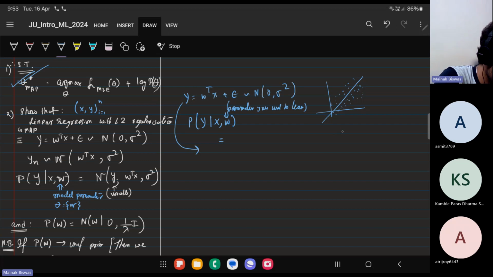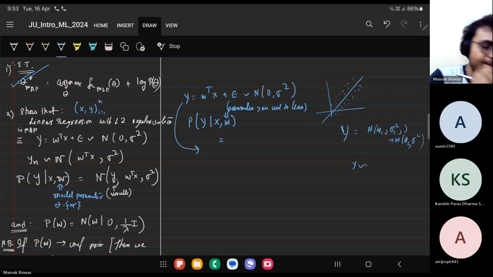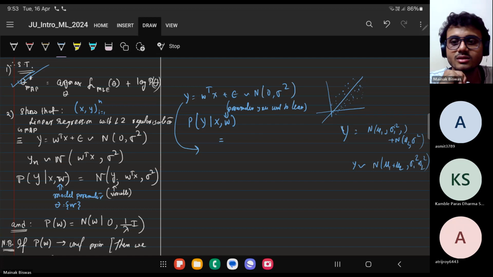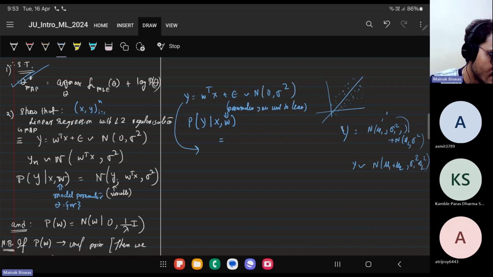I'll give you a simple hint. Say y is equal to normal 1 plus normal 2, normal mu1 sigma 1 squared plus normal mu2 sigma 2 squared. What is the distribution of y then? We did it using generating functions. This was normal mu1 plus mu2, sigma 1 squared plus sigma 2 squared, if they were independent.